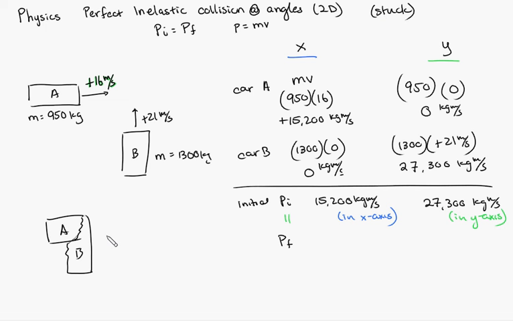So now their mass is mass of A plus mass of B, which is in this case 1300. So you get a total mass of, I believe, 2250.